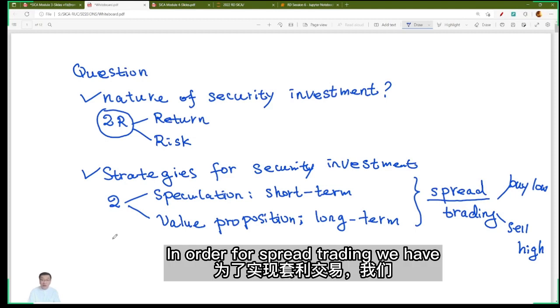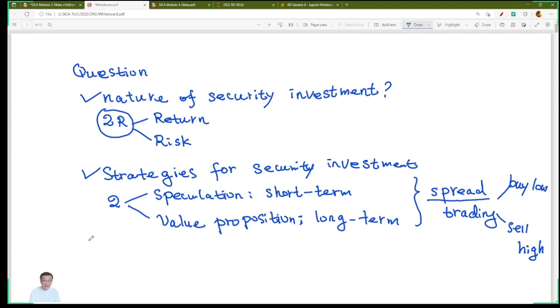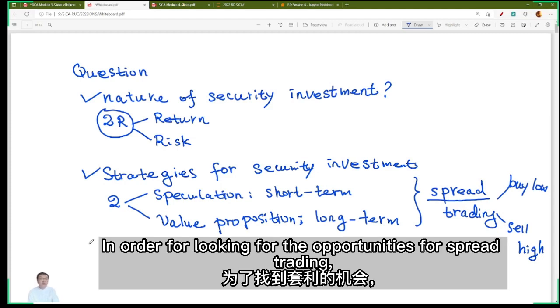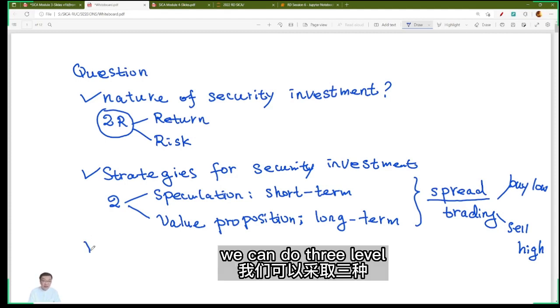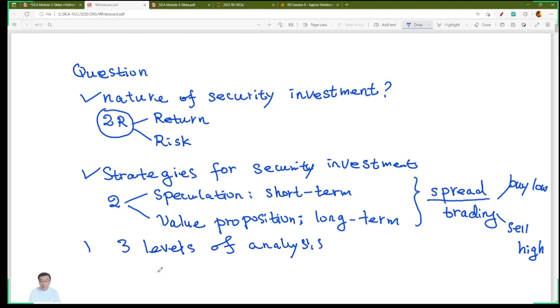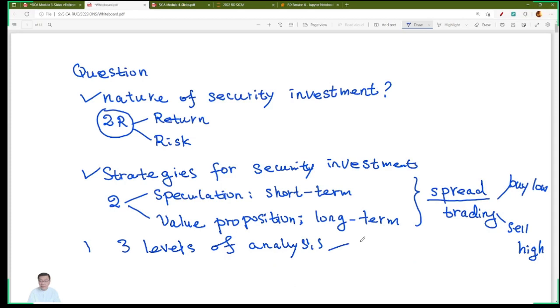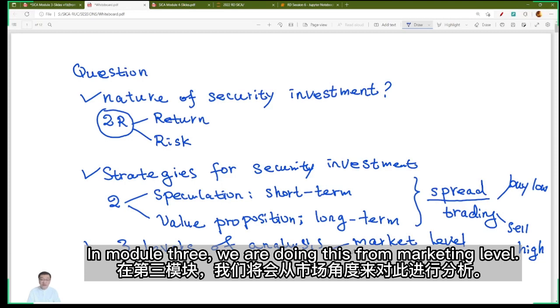In order to do spread trading, we have three important levels for analysis. In order to look for the opportunities for spread trading, we can do three-level analysis. First level, we can do it from market level. In Module 3, we are doing this from market level.